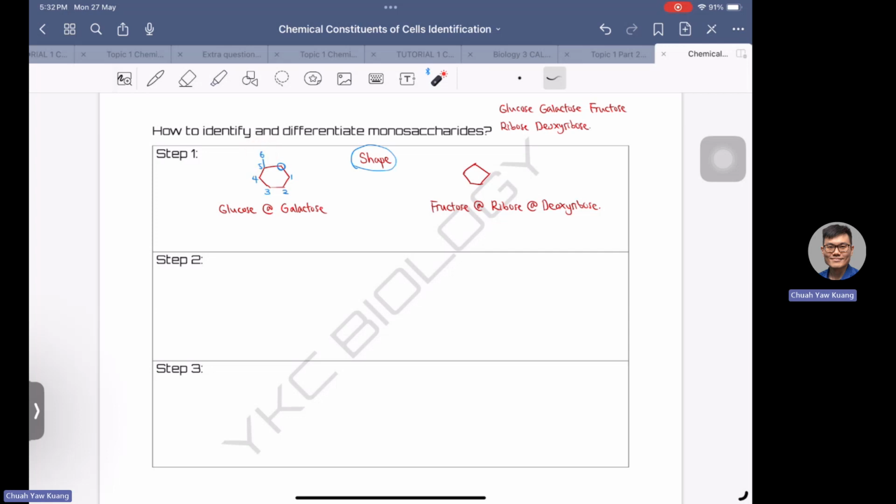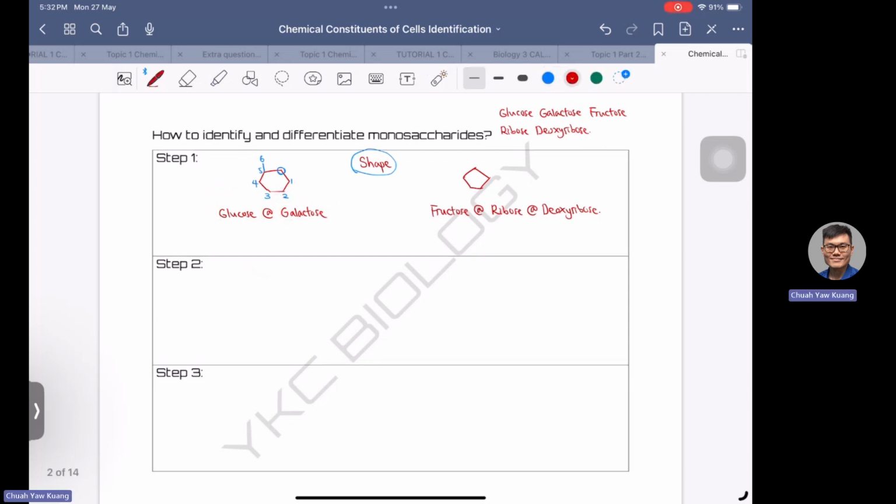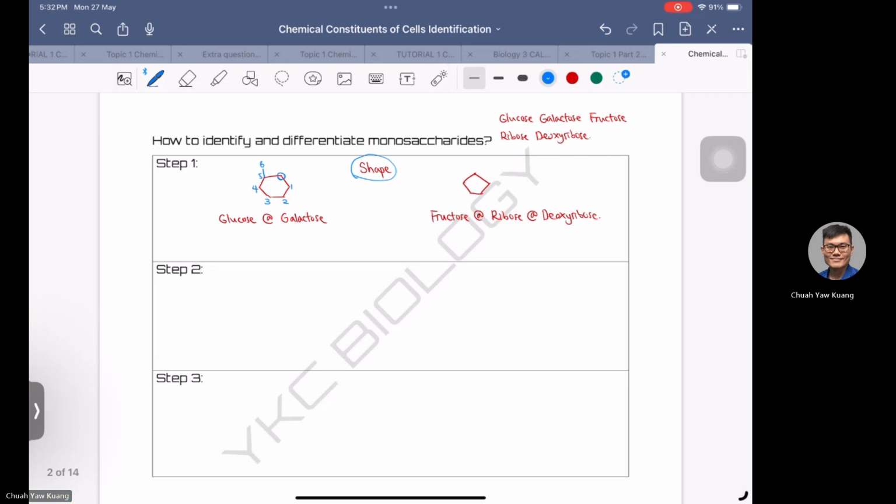In order to further differentiate whether this is glucose or galactose, we need to go into step number 2. Before that, let me show the arrow first. So that is the first step.